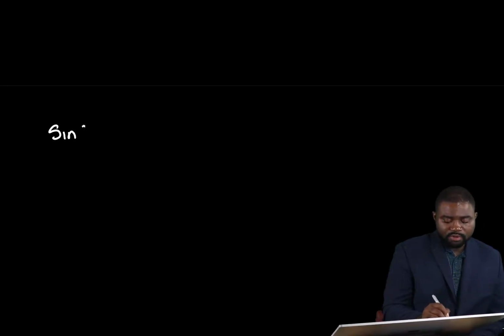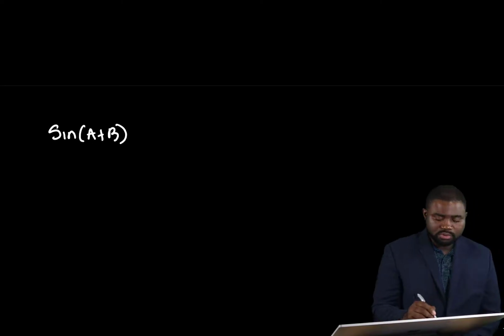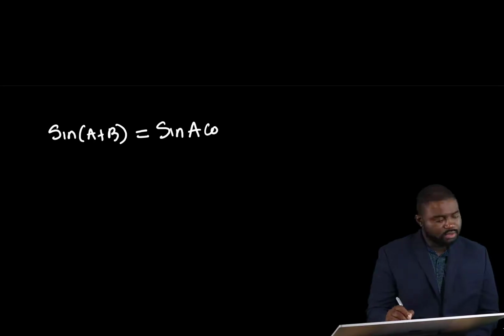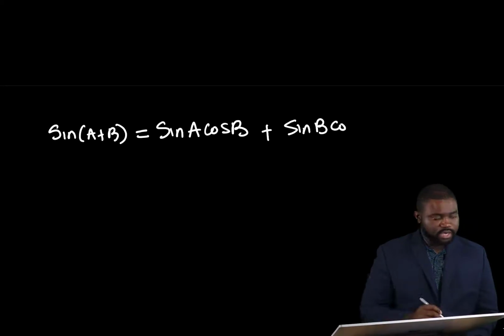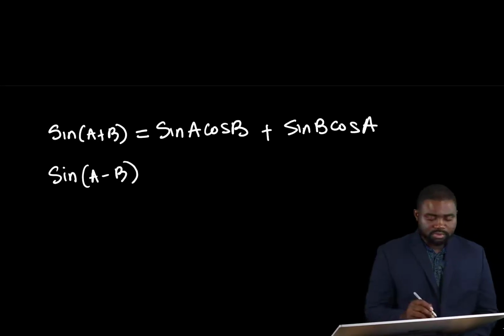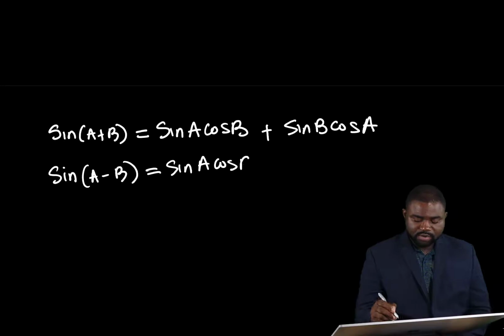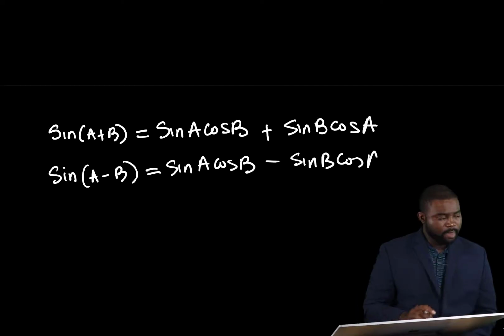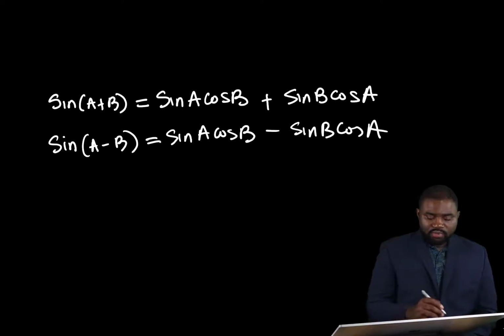For example, the sine of A plus B is equal to sine A cosine B plus sine B cosine A. The sine of A minus B is equal to sine A cosine B minus sine B cosine A. Let's do an example.